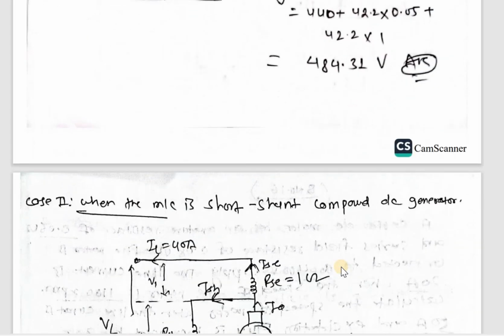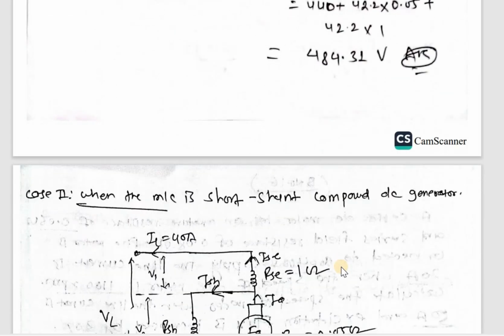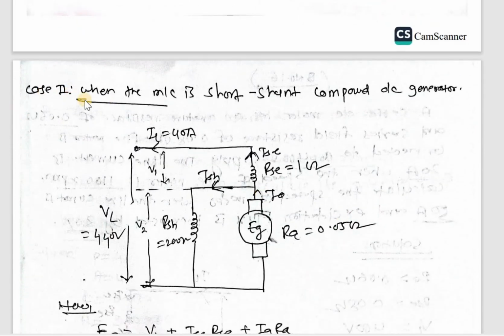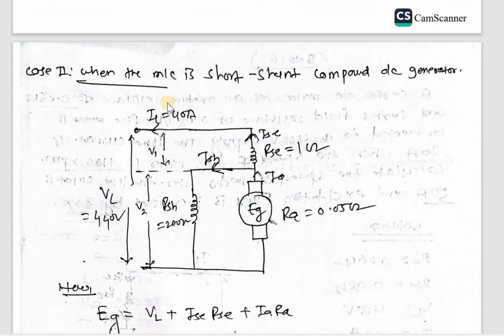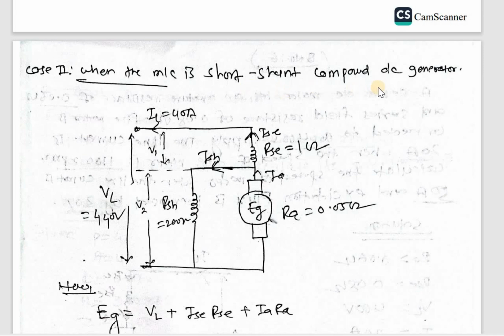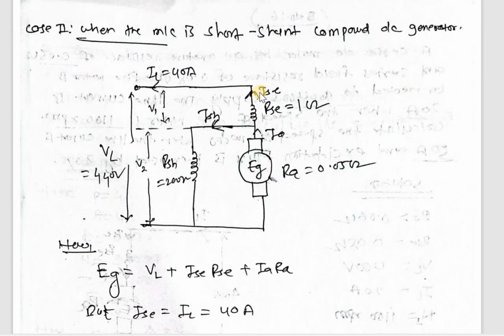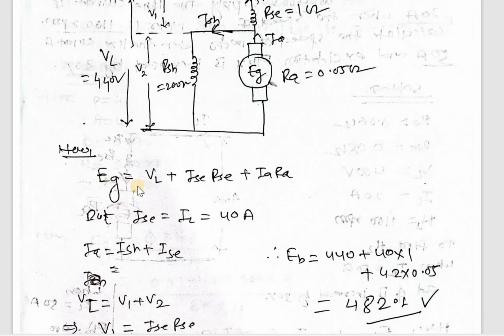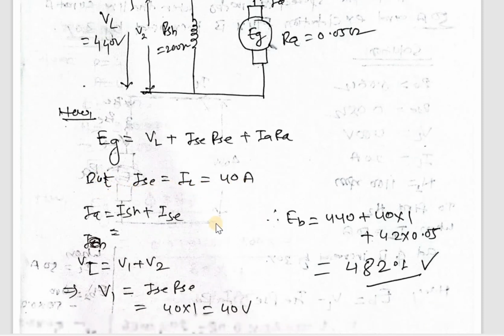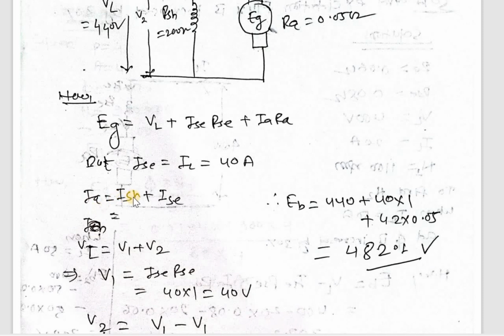And next, second case, when the machine is a short shunt compound DC generator, the figure is like this. Then EG equal to VL plus ISE RSE plus RA IA, but ISE equal to IL equal to 40 ampere, and IA equal to ISH plus ISE.